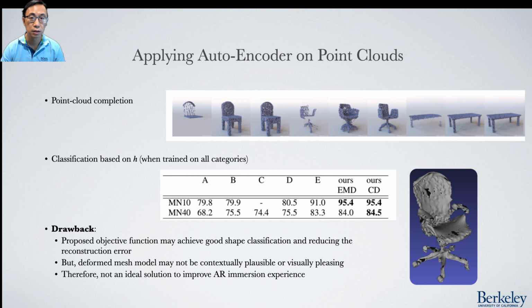This type of result may very well have minimum reconstruction error and also may correctly identify the right category, in this case the chair category, but it does not fulfill our goal for augmented reality applications to provide a visually pleasing 3D complete shape from the point cloud with the missing data.